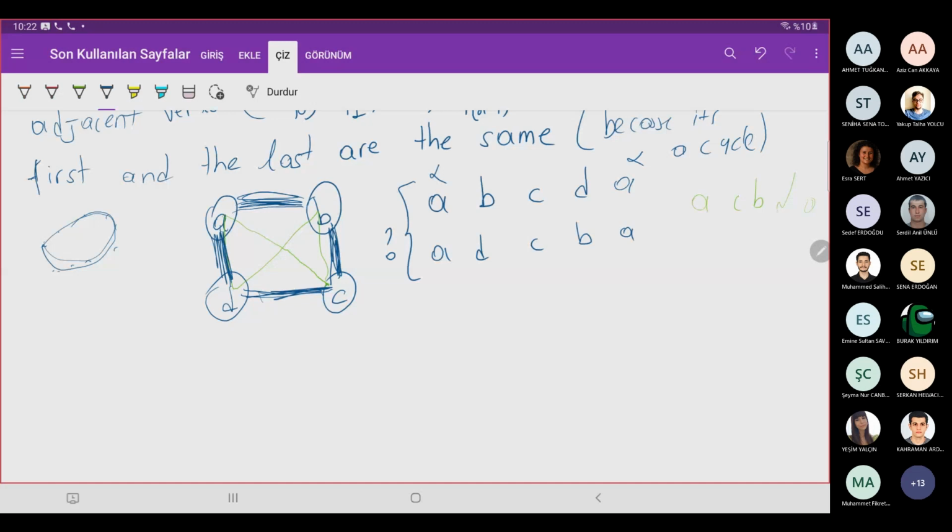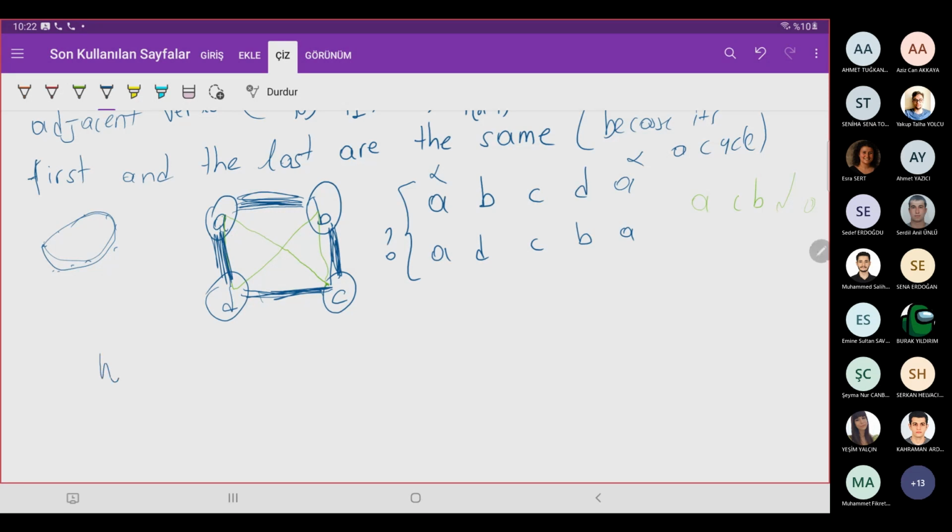I could explain it in terms of B, C, D, A, B also. That would also be the same cycle, right? It doesn't matter. So there are n-1 factorial options, but because both cycles are the same if I read them in both directions, I need to divide it by 2 also.